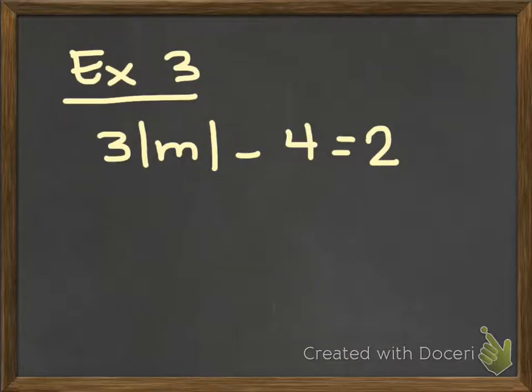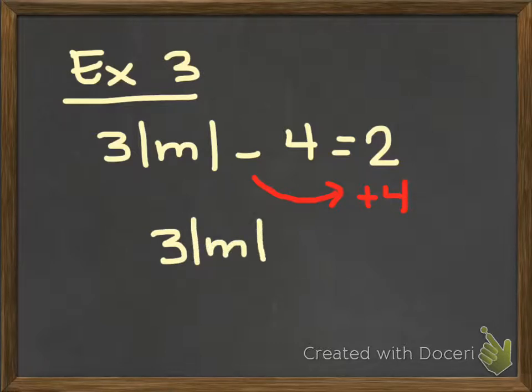Okay, example 3 is 3 times the absolute value of m minus 4 equals 2. We're going to solve it as if it's a regular equation. So we're going to take the -4, bring it to the other side. That's +4. So now you have 3 times the absolute value of m equals 6.